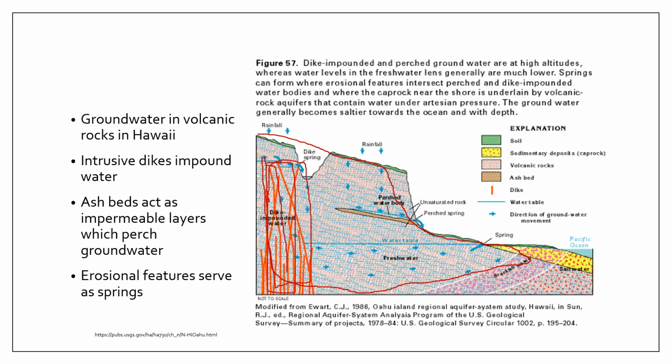They're serving as permeability barriers, and you also have formations that perch groundwater. So you have ash beds that are acting as permeability barriers. So they perch the groundwater in this area. All right. While the erosional feature of this volcanic formation is acting as the outlet for the springs of this aquifer.